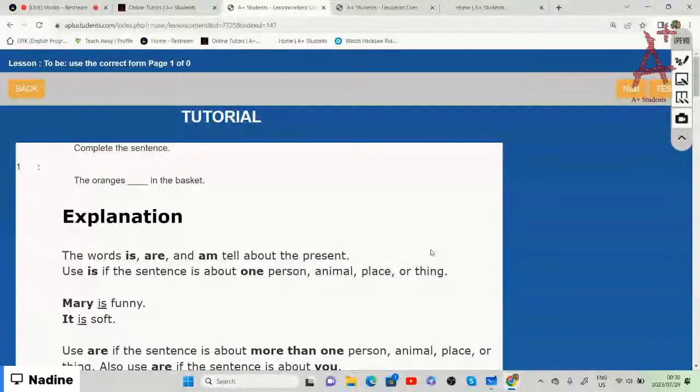And we said that in the present tense, we use words like is, am, right? Like for example, he is, they are, I am. So we use words like is, are, am to basically tell about the present. It is happening now. And then we use the is if the sentence is about one person, animal, place, or thing, right?